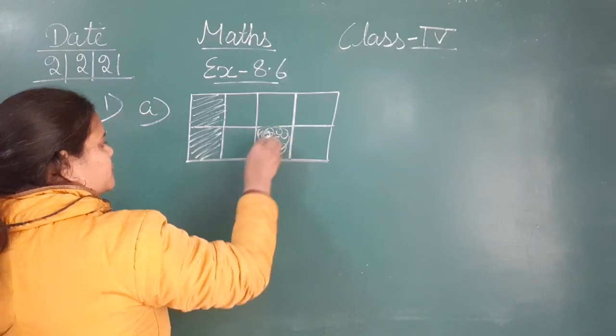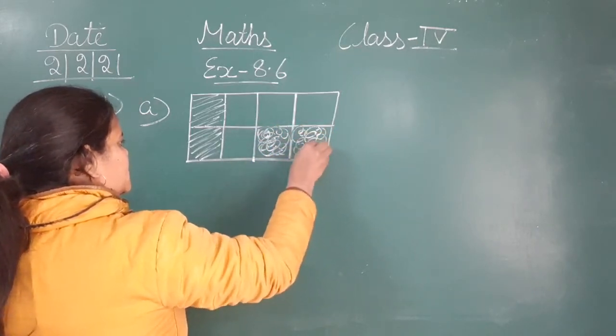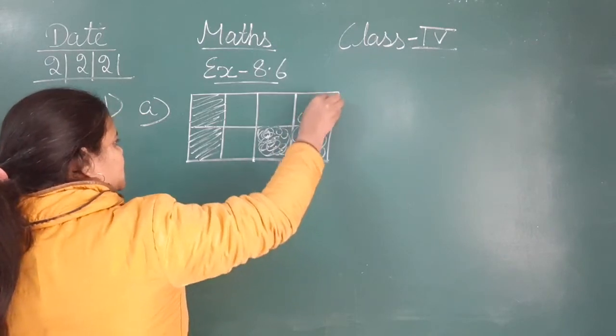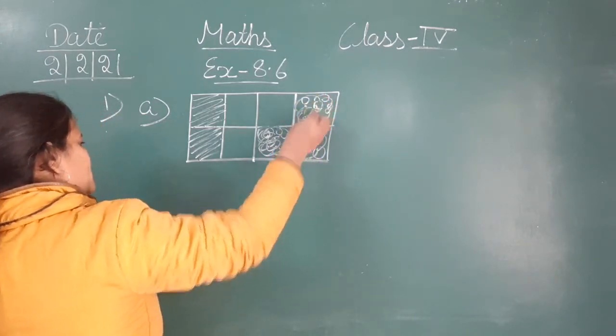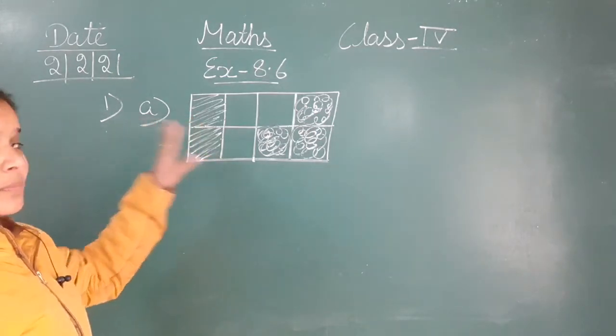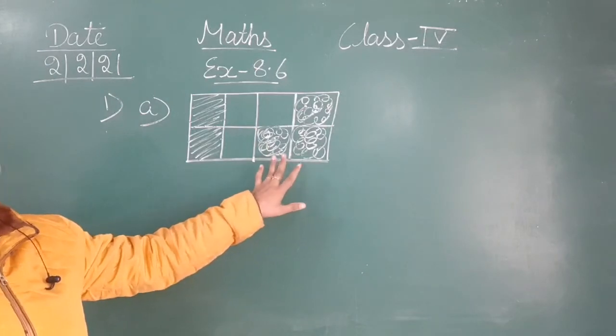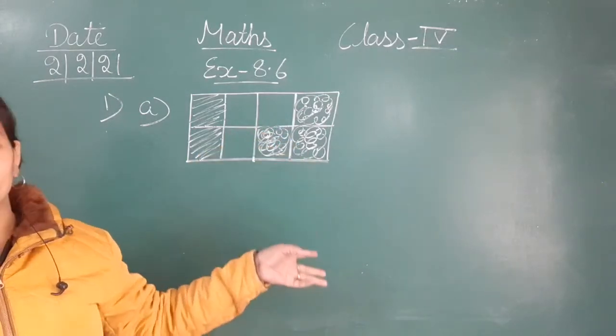I am using different designs for shading it. तो मैं इसको shade करने के different designs use कर रही हूँ. In the first I have just taken the normal lines and in the second I have taken circles or some other pattern.